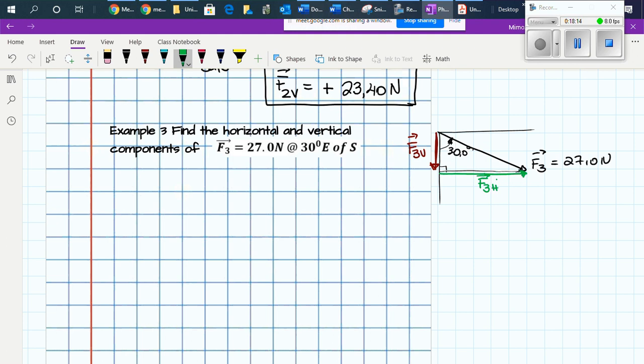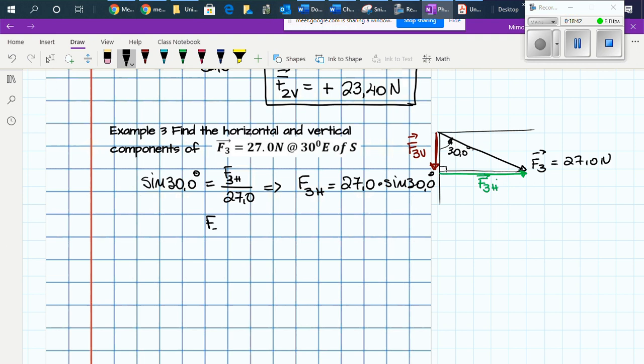Now, the horizontal component is the opposite of the 30 degrees. So sine 30 is equal to the horizontal component of the vector over 27. From here, F3 horizontal will be 27 times sine 30.